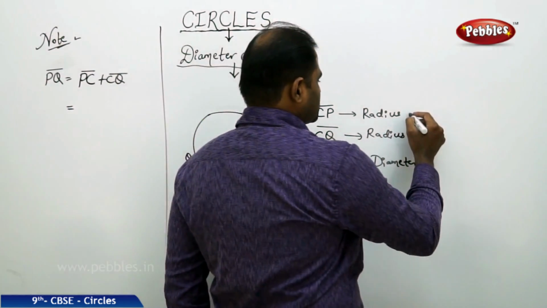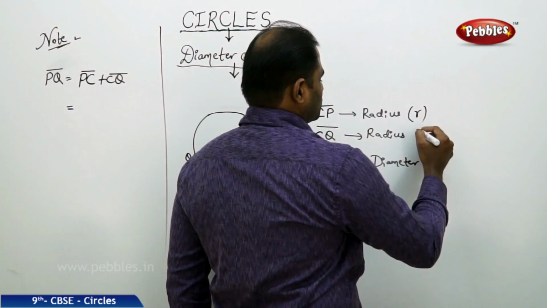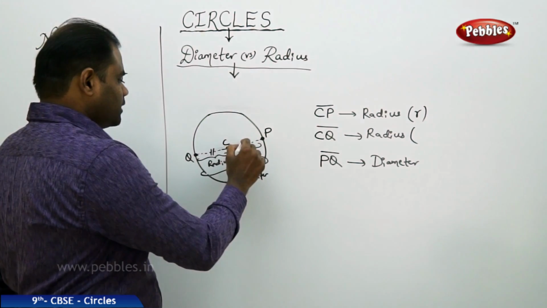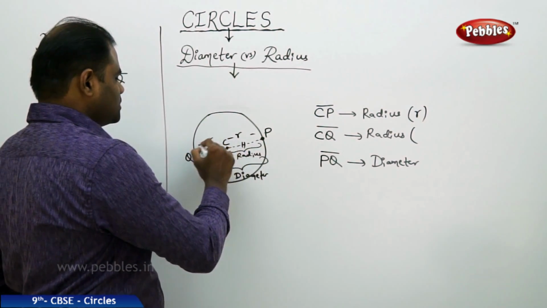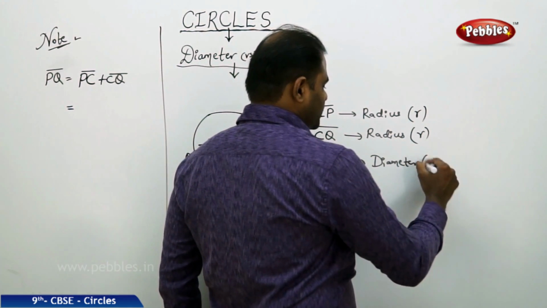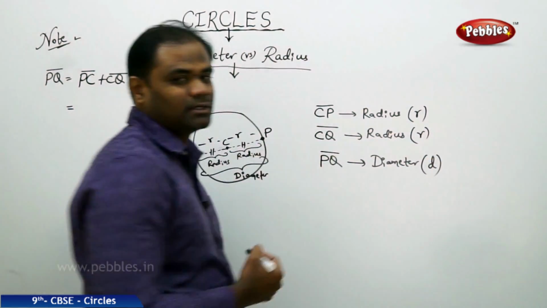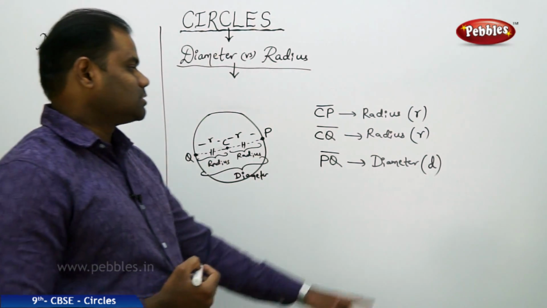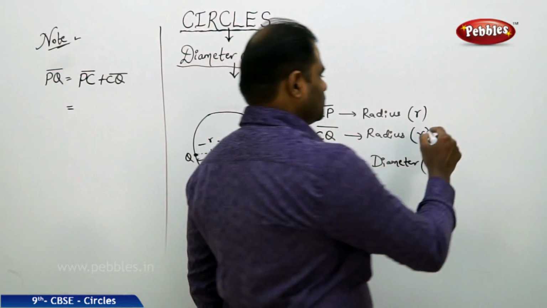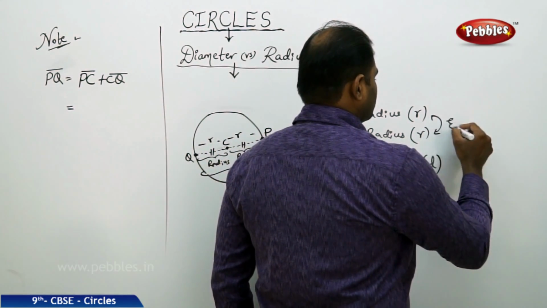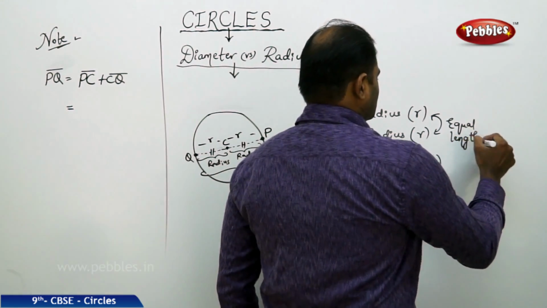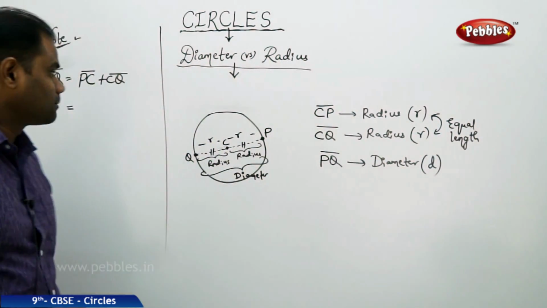Let me denote this radius with small r, and then my CQ and CP are equal. Therefore, this being r implies this also will be r. So my CQ also is r. And let me denote my diameter with d. So d is my diameter, r is my radius, these two being of equal length. Therefore, each of them is r.